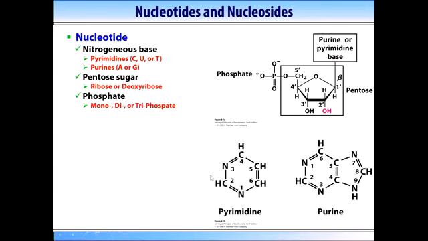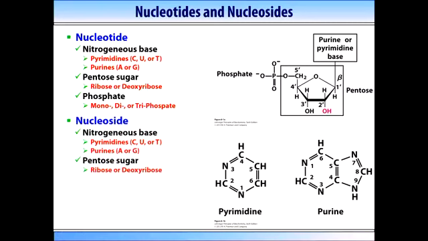Okay, so each nucleotide is made basically of 3 major components. The nitrogenous base, which can be one of 2 classes, either purine or pyrimidine. The sugar, a pentose sugar in this case, which could be either ribose or deoxyribose, and a phosphate. The phosphate can be mono-, di-, or triphosphate. Okay, the portion of the nucleotide without the phosphate is called a nucleoside.